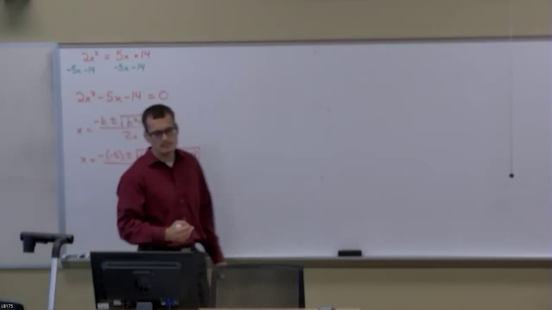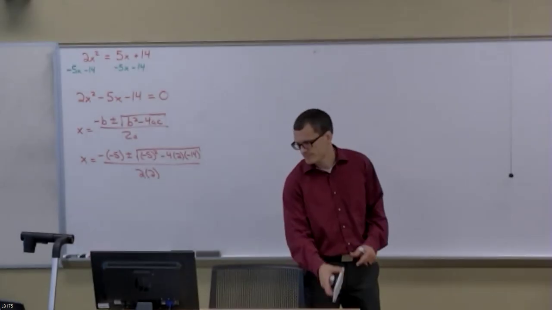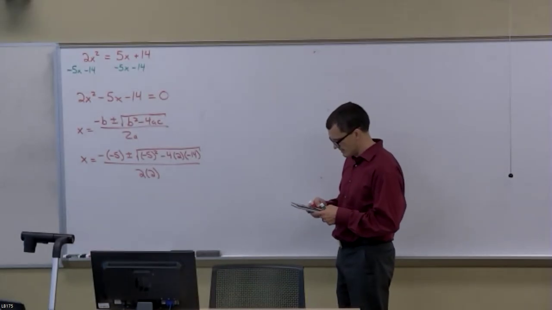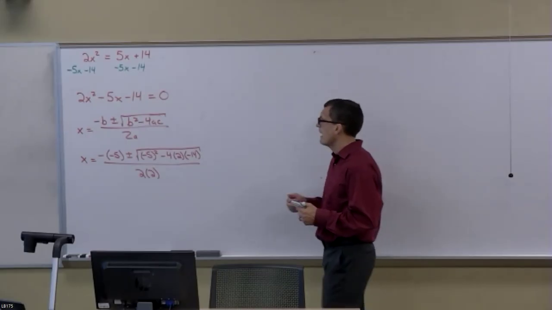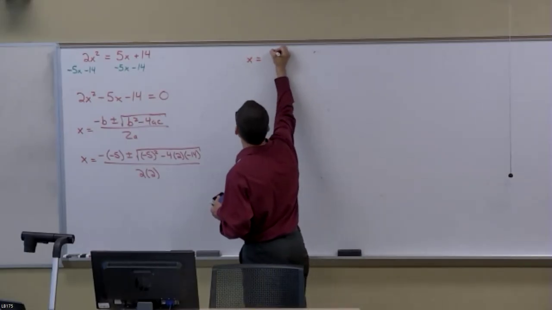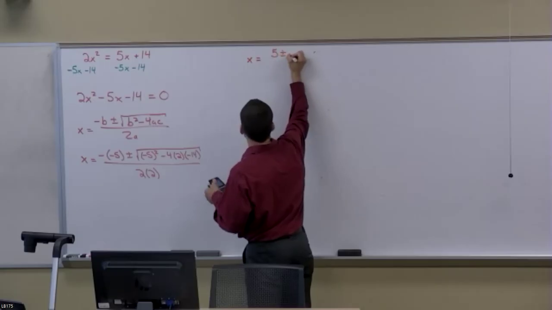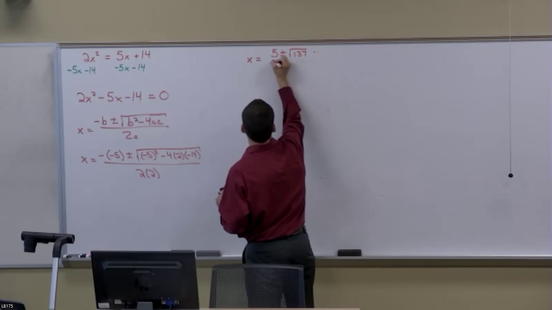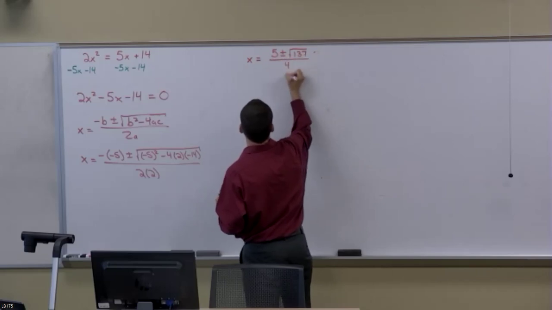So I just need to simplify that. Obviously, when I simplify that, I'll use my calculator. I end up getting x equals 5 plus or minus the square root of 137 divided by 4.